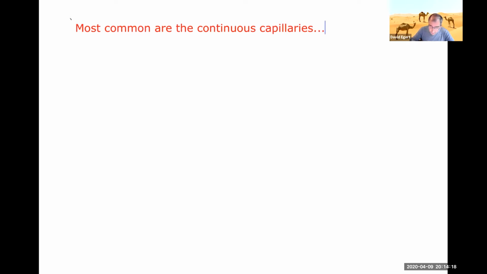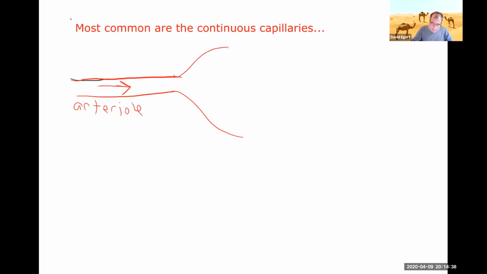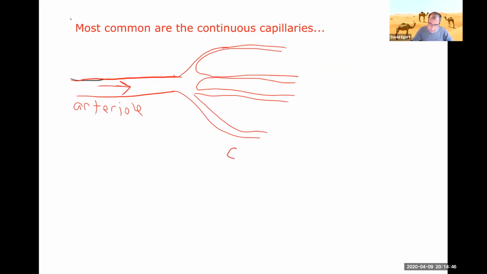The basic way you would draw that, let's make it red. So we have some arteriole, which is kind of entering in. And then we have the actual little capillaries. So I'm going to call it my capillary bed.